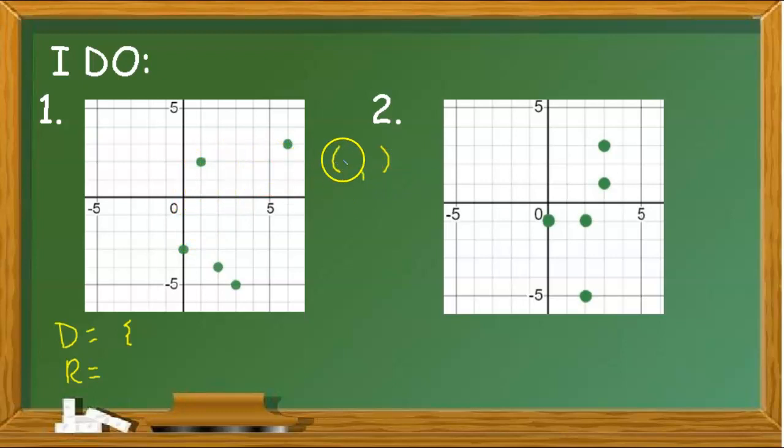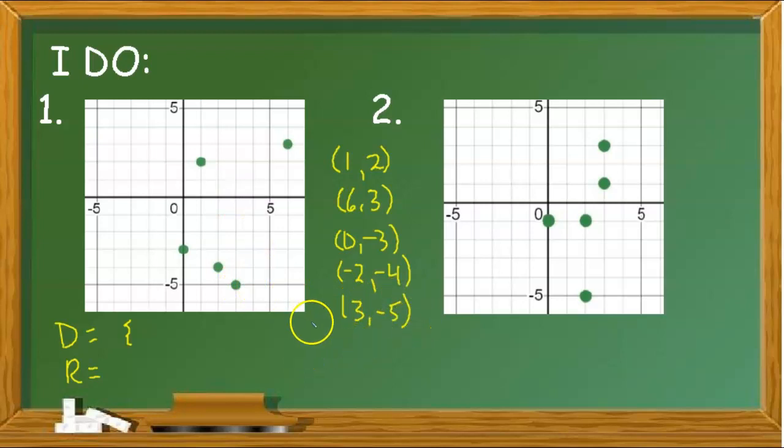So this is 1, 2. We'll just go ahead and do this one up here. This would be 6, 3. Go down here, 0, -3, -2, -4, and then 3, -5.